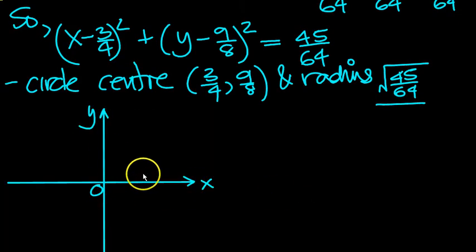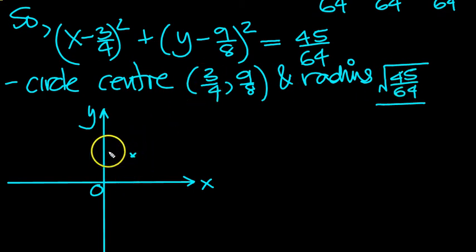Right, here are the axes then, the xy axes in the complex plane. Center is 3/4 and 9/8, so just under 1 and just over 1, so we could put it here, say. And the radius is just under 1. So the 3/4, this will probably be around about that value, won't it, when you square root it? Because it's just smaller than 3/4, when you square root it, it'd be probably just over.